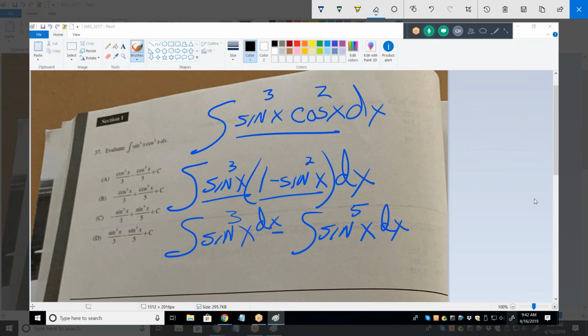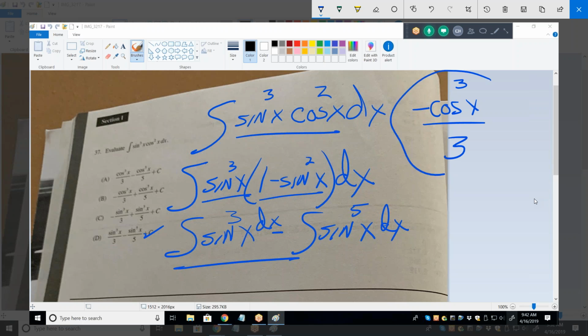So we're definitely at this step here. Okay. So looking at the answers, take a guess on what this integral is. I would guess B. Okay, so negative cosine cubed of x over 3.